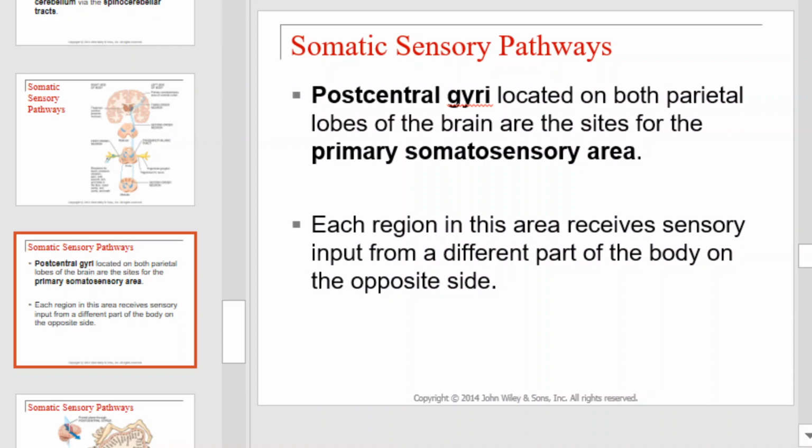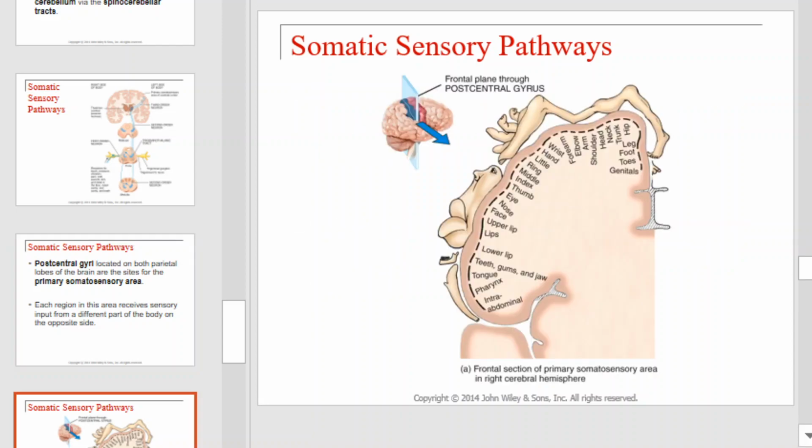Postcentral gyri, located on both parietal lobes of the brain, are the sites for the primary somatosensory area. Each region in this area receives sensory input from a different part of the body on the opposite side. This graphic illustrates how your brain interprets incoming information.